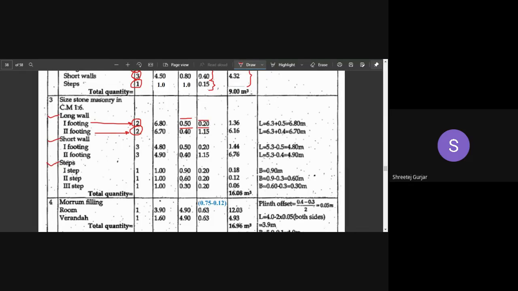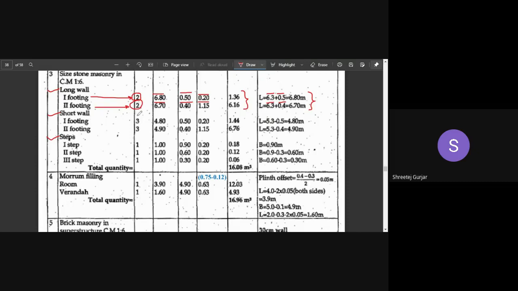To get the length, you have to add the width for long walls. So we have added 0.5 and 0.4 to our center line, that is 6.3, and calculated the lengths. If you multiply all of this, you will get your side stone masonry in the first step and second step in long walls.